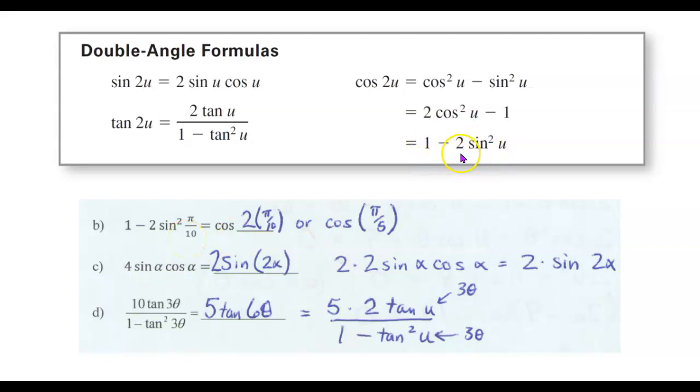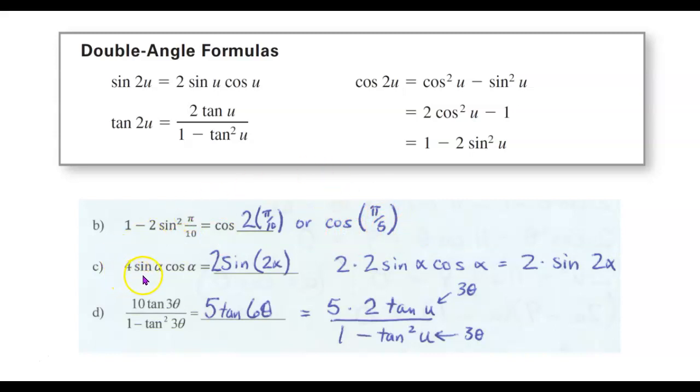Yeah, 1 minus 2 sine squared of u is equal to the cosine of 2u. So that's exactly what we have here, but in place of u, we have the number pi over 10. So that formula tells us that this is equal to the cosine of 2u, so 2 times pi over 10, or pi over 5. So 1 minus 2 times sine squared of pi over 10 is equal to the cosine of pi over 5.